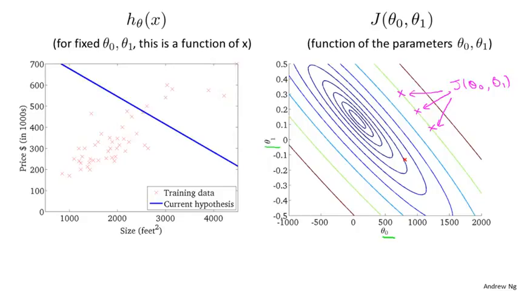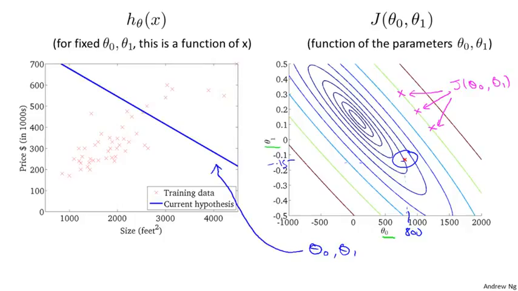Over here, I have a particular point. This is with theta 0 equals maybe about 800, and theta 1 equals maybe about minus 0.15. And so this point in red corresponds to one particular pair of values of theta 0, theta 1. And they correspond, in fact, to that hypothesis.